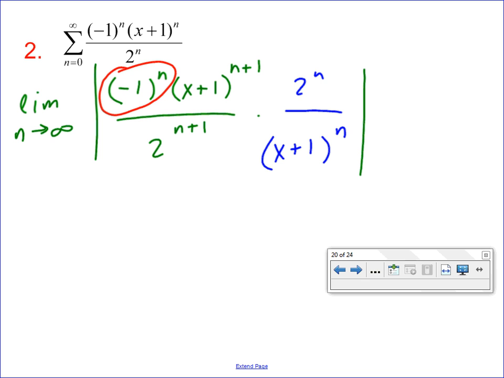We don't have to worry about it anymore. So that's just +1 and breaking up my 2 times 2 to the n on the bottom. On top I have 2 to the n, gives me a 1/2 on the bottom. And an x plus 1. There.